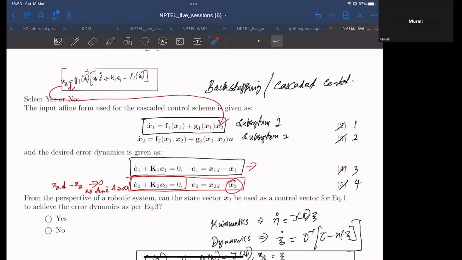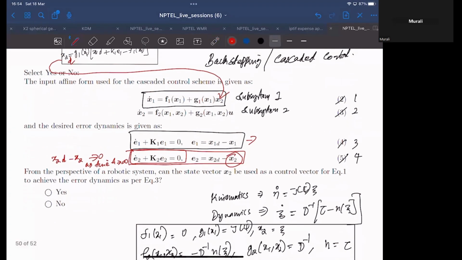Using the second subsystem and the second error dynamics, we would try to minimize the difference between this x2 desired and x2 to be more or less equal to 0. And similar to how we found this x2 desired, we will again find out the control input.